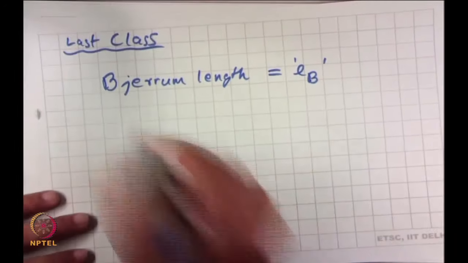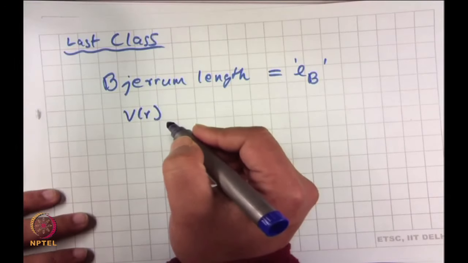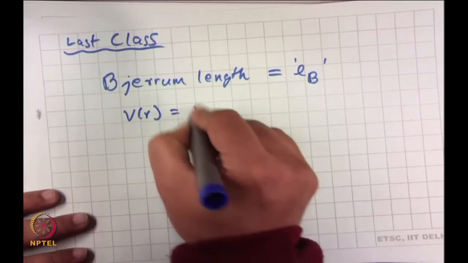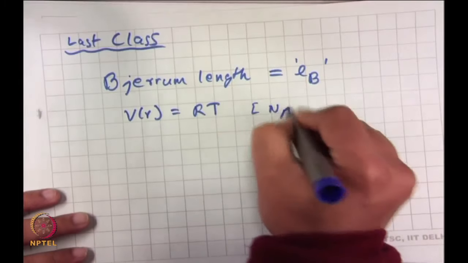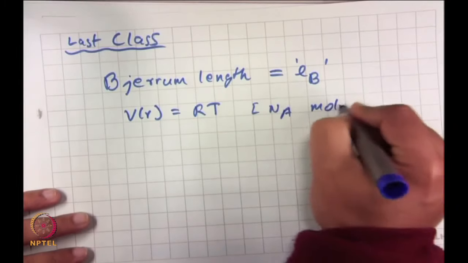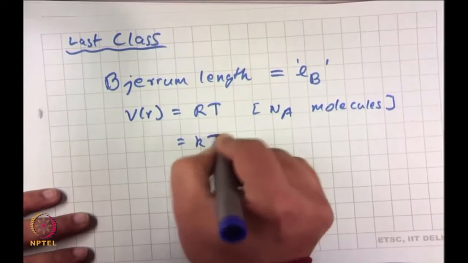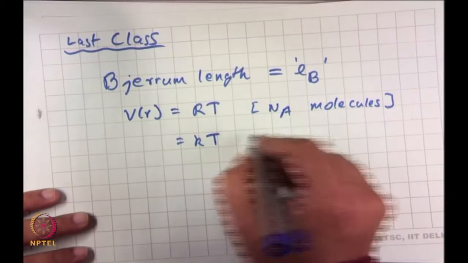The significance was, if we have a potential energy of interaction V of r, then the Bjerrum length is defined as that length where V of r is equal to R T, if I am talking about an Avogadro number of molecules, or is equal to K T if I am talking about one molecule, right.